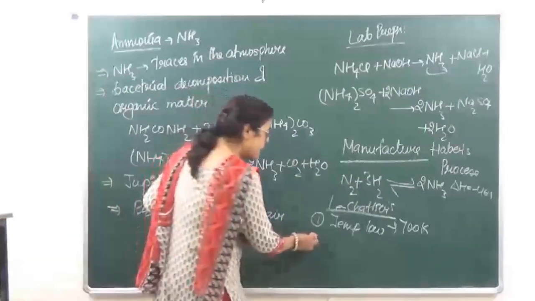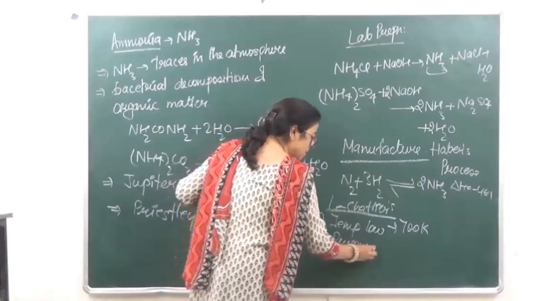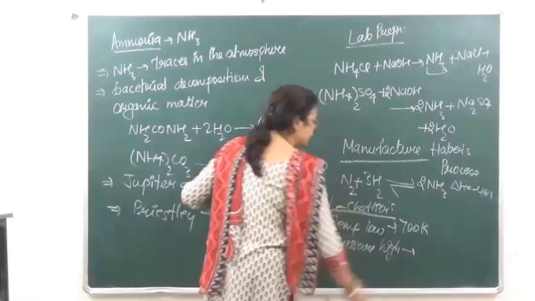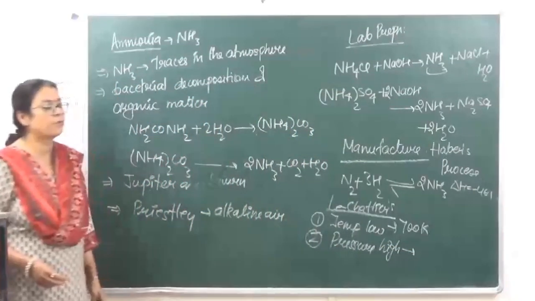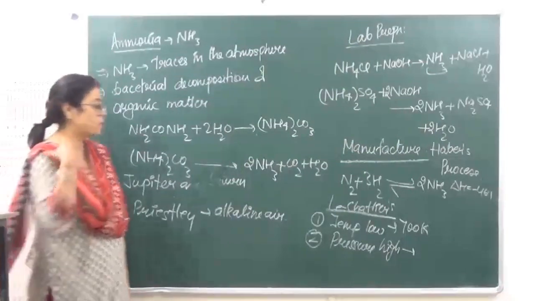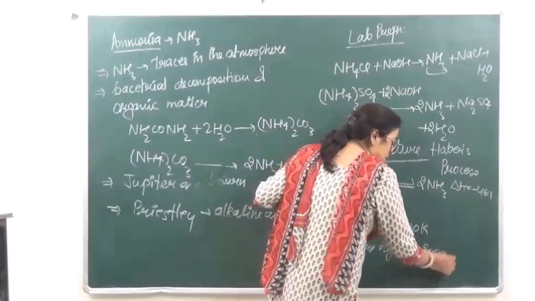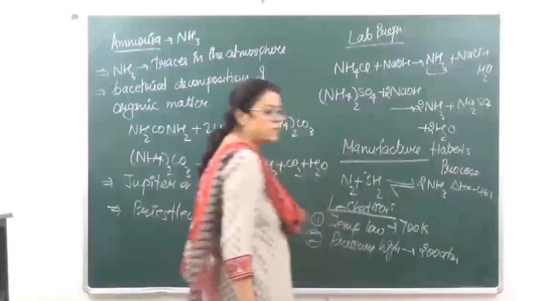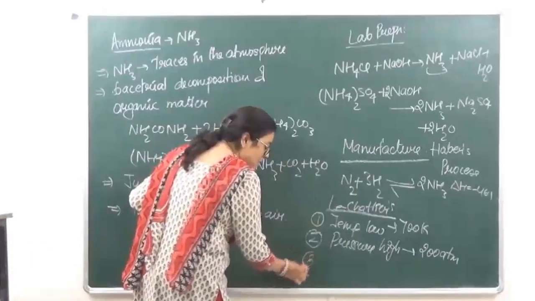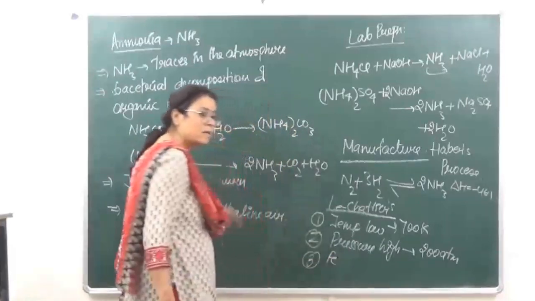So the second condition which we are going to follow is that the pressure should be high. The pressure which is kept over here is approximately 200 atmospheres. And finally, the reaction takes place in the presence of a catalyst which is iron.